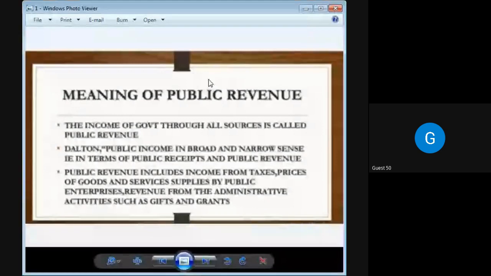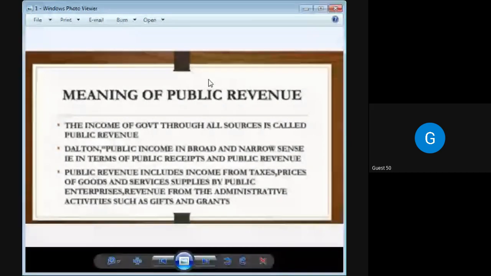And supplies by the public enterprises, and revenue from the administrative activities such as gifts and grants. These are the sources from which the government earns, or we can say these are the sources of public revenue. So first one is income from taxes, second is prices of goods and services supplied by public enterprises.